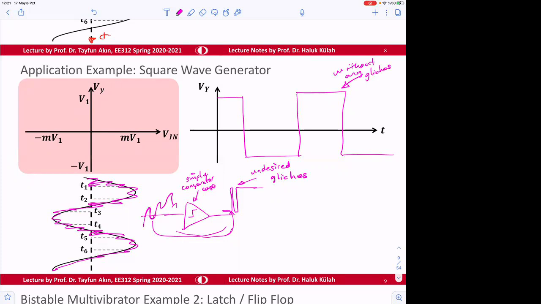Okay, so that's one application, and we can obtain a nice clock signal without any glitches.